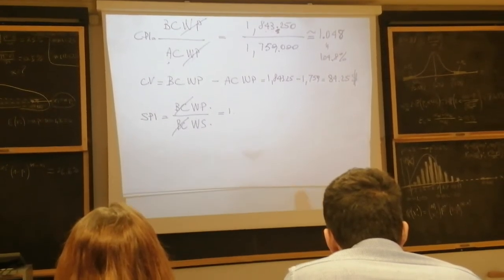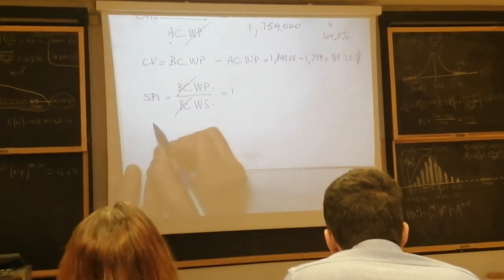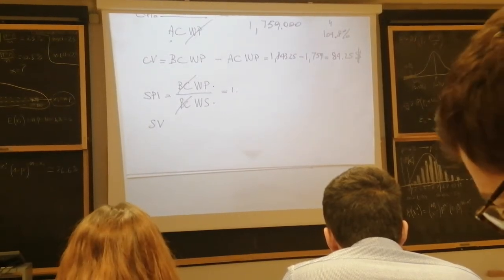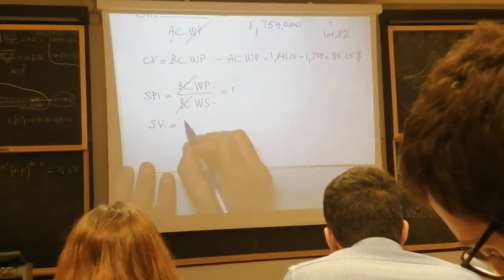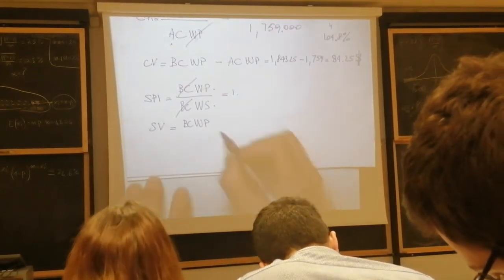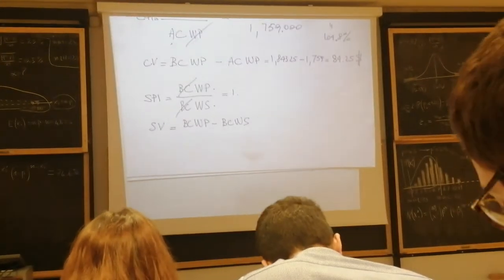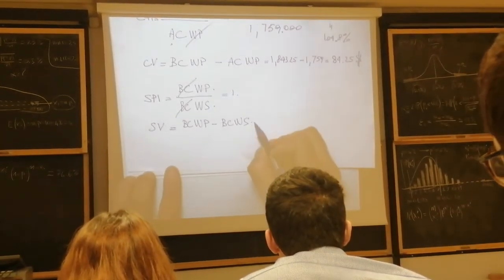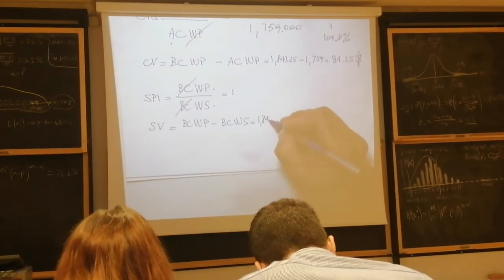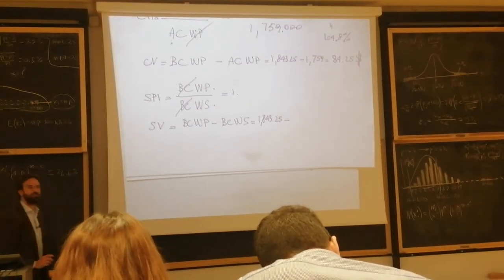You didn't do the ratio, but you did what is called the schedule variance in dollar amount, which equals the budgeted cost of the work performed, which is the earned value, minus the schedule value. I have 1,843.25 less BCWS.